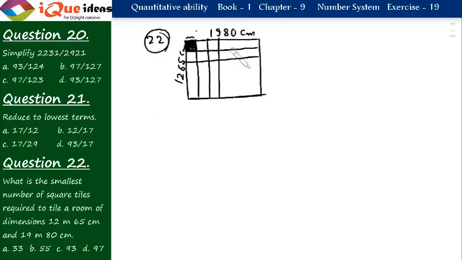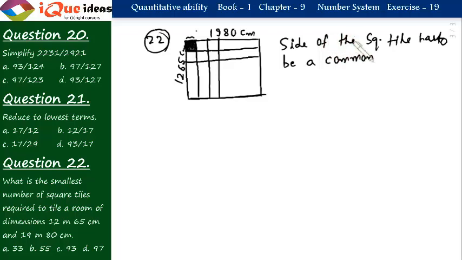So that means the side of the square tile has to be a common factor of both length as well as breadth.